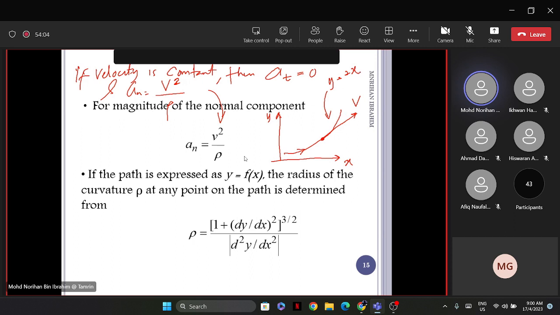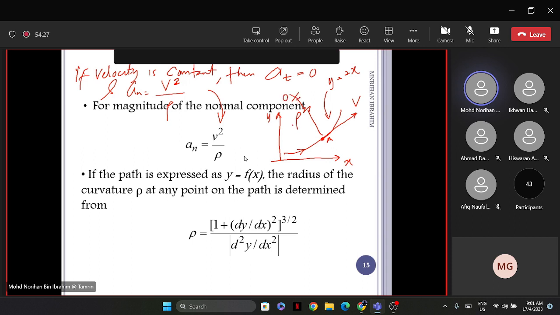So y as a function of x. So V ni adalah V. Let's say that's point A sebagai contoh. So we can use these equations in order to calculate rho, the radius of curvature.